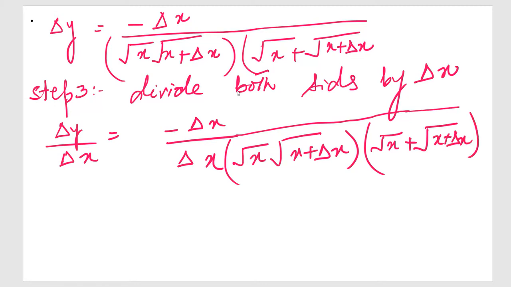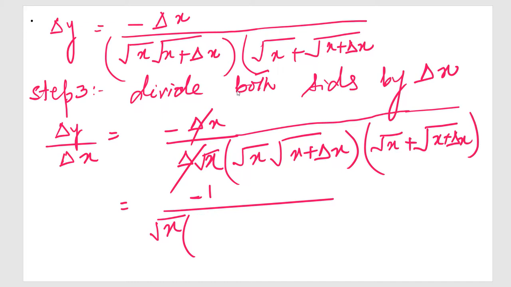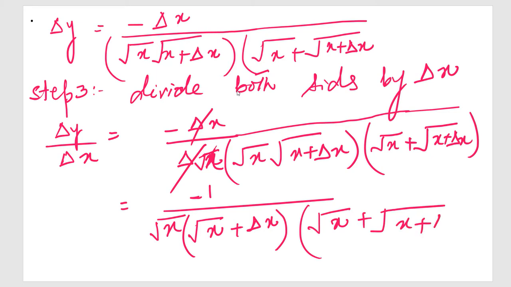We have these two terms. Okay, this will cancel each other. In the numerator we have only 1, and in the denominator we have x into x plus delta x. This was delta x, sorry, and here we have square root of x plus delta x.